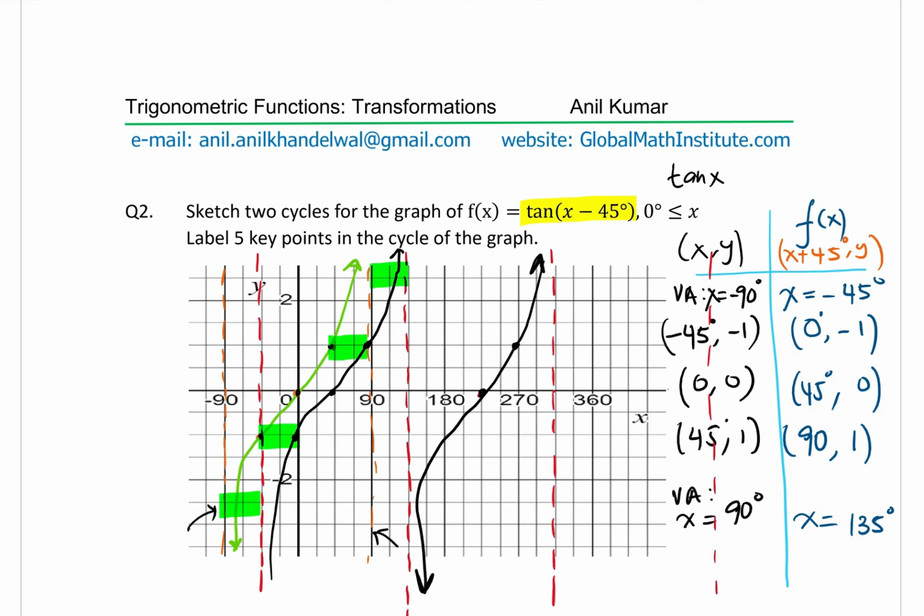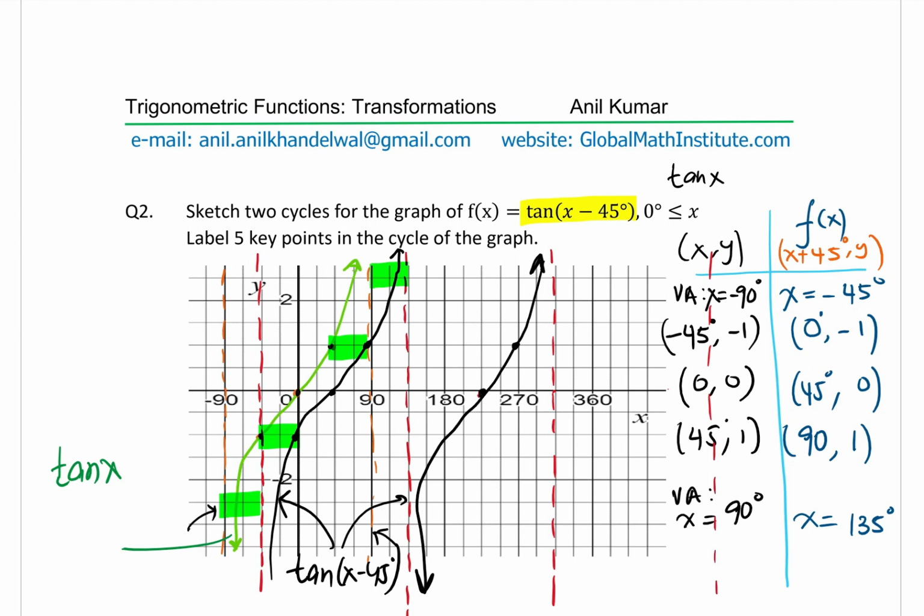So what we did was that first we drew the parent function. So we have this as our parent function. And then we translated 45 degrees to the right to get the transformed function, which is tan of x minus 45 degrees.